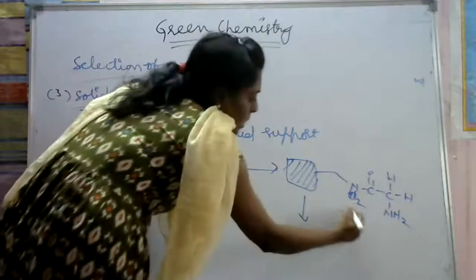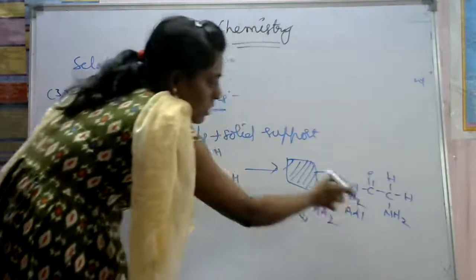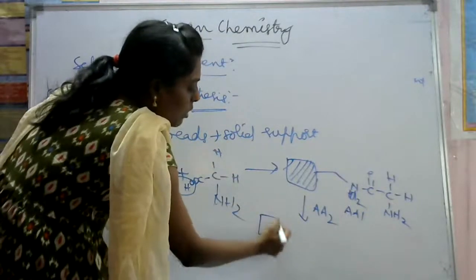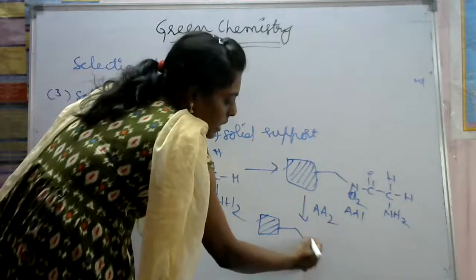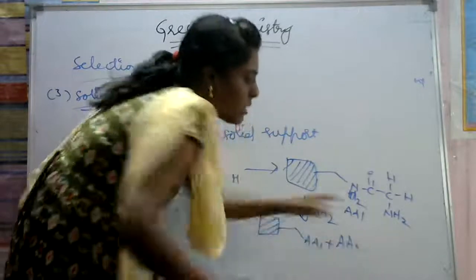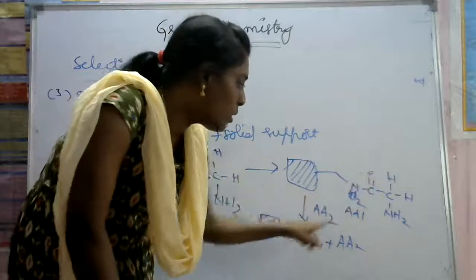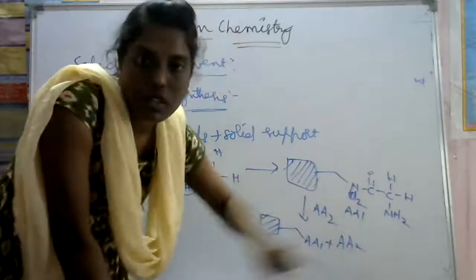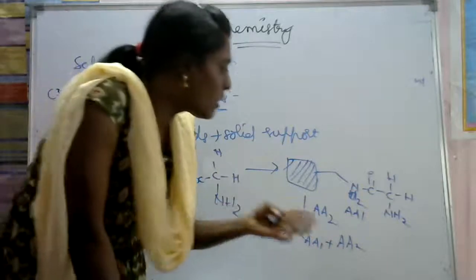Next, this is amino acid one we are using. If you use amino acid two, what will it do? We are adding AA1 and AA2. For this NH2 we have to add AA2, which again contains a COOH group.